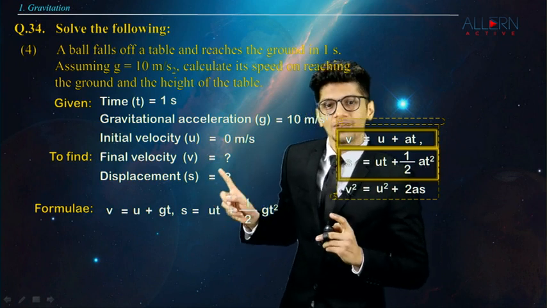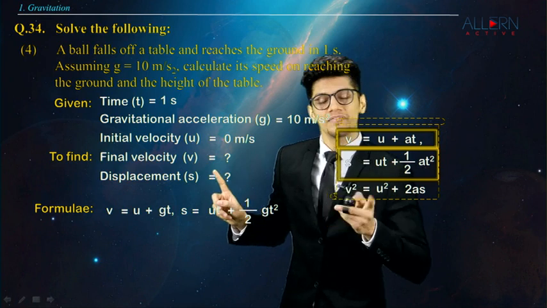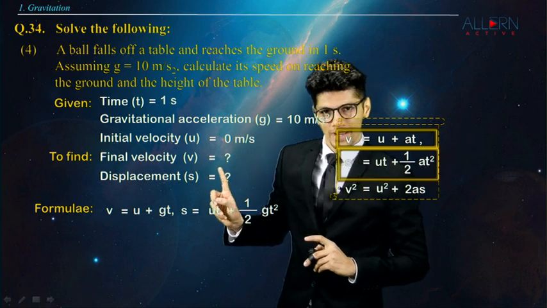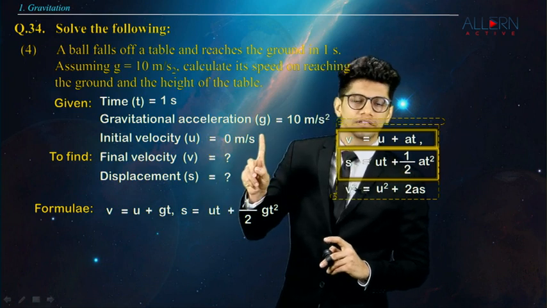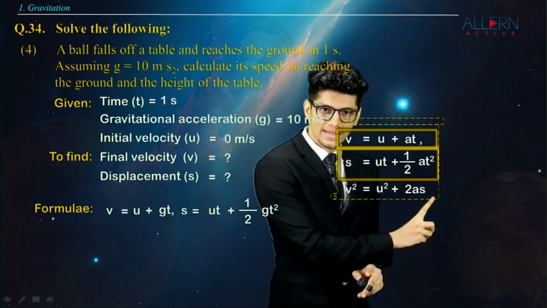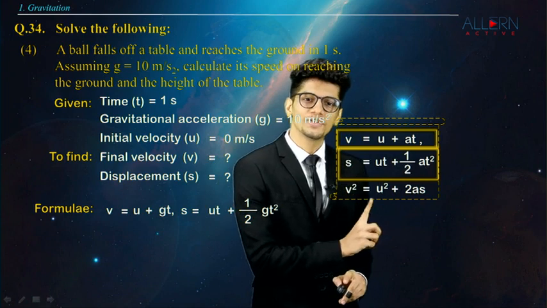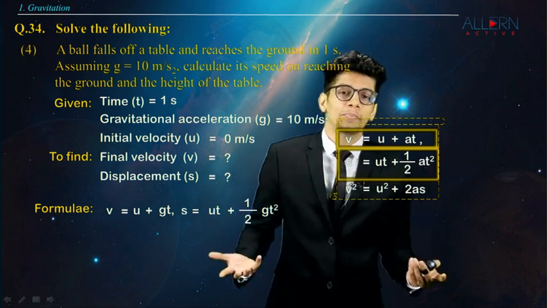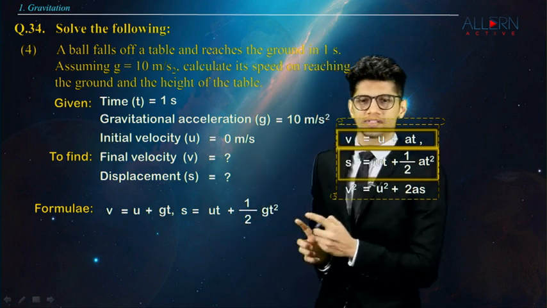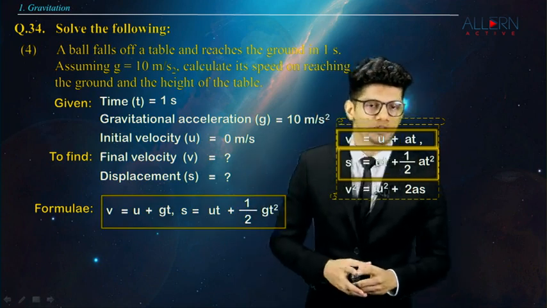We'll find the value of v, that means we will have the value of v. So s, v, u and a, that is g, right? So we can use the third formula. Depends which formula you want to use. We'll use the second formula. Now we'll start the solution.